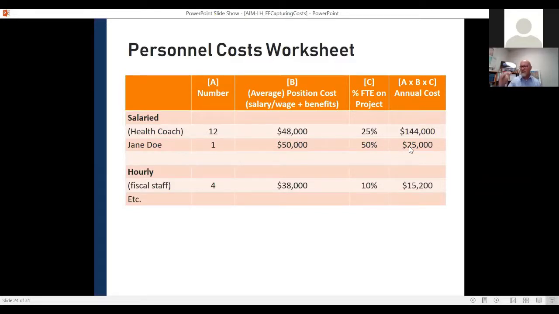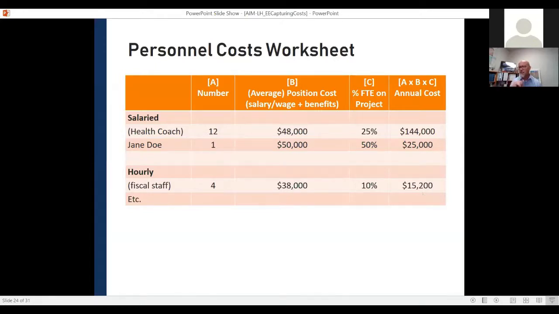And then you would just keep listing every individual that works on a project, including members of your fiscal team, for example, if they provide support and their time on the project might only be 5% of FTE, but you'd want to make sure that you capture that so that it's as complete as possible. And you could also set it up similarly with hourly staff. You could either set this up as the number of hours or number of individuals, either use an average salary or the number of hours that they work to come up with the annual cost.